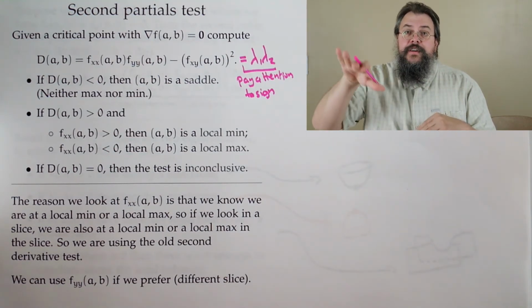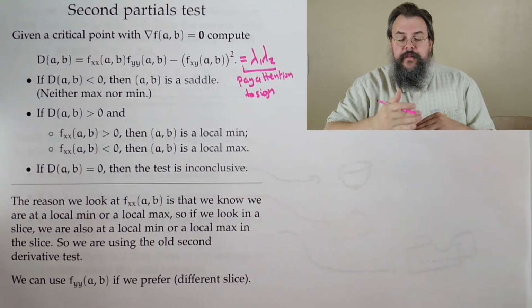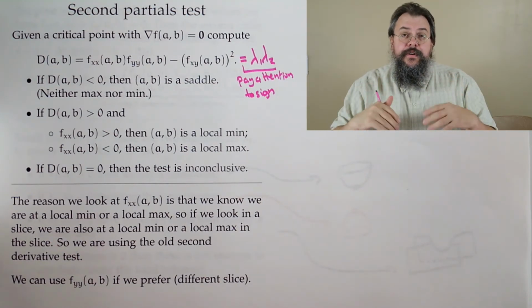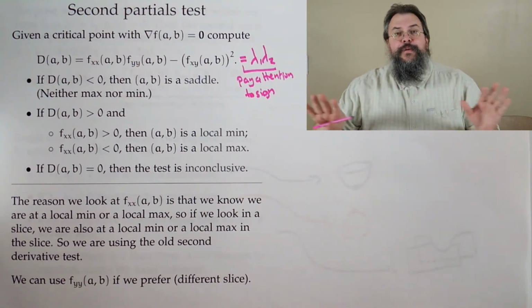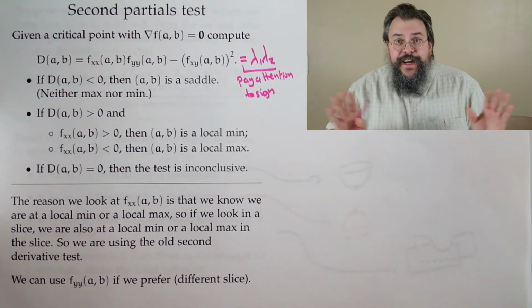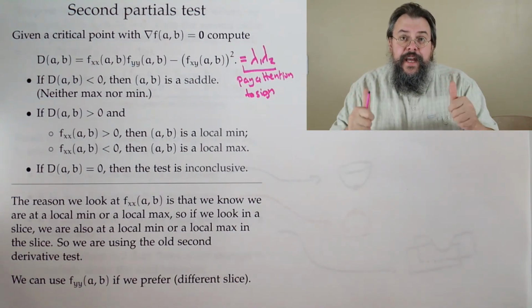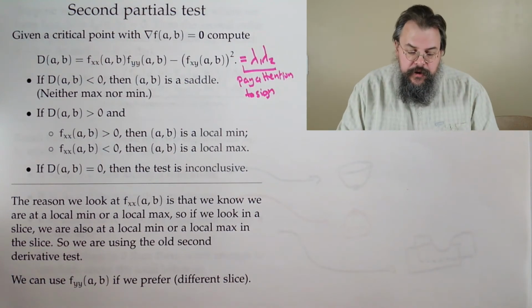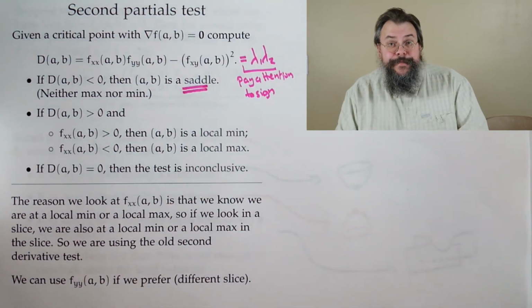Because you have one direction you think you're a min, and the other direction you think you're a max. So if the value is negative at a critical point, remember, this is only for critical points. Any other points need not apply. So it's only at critical points. Okay, so negative means saddle. Good.